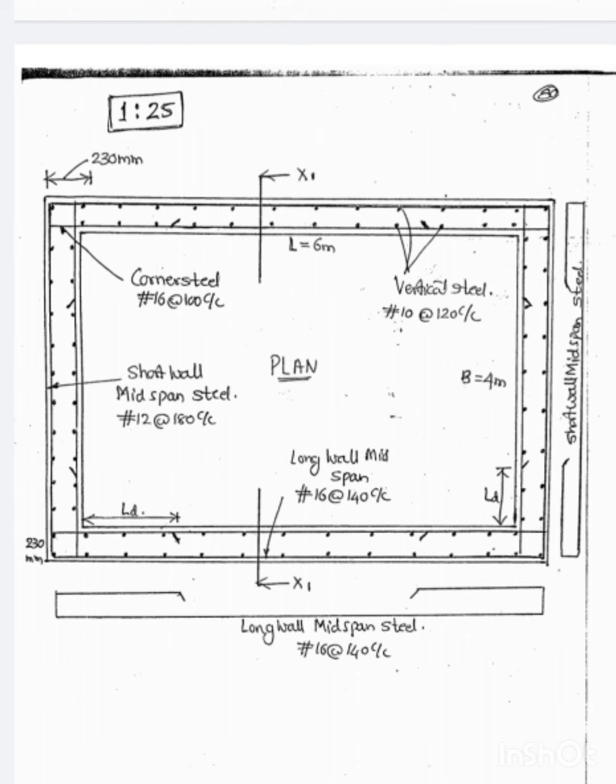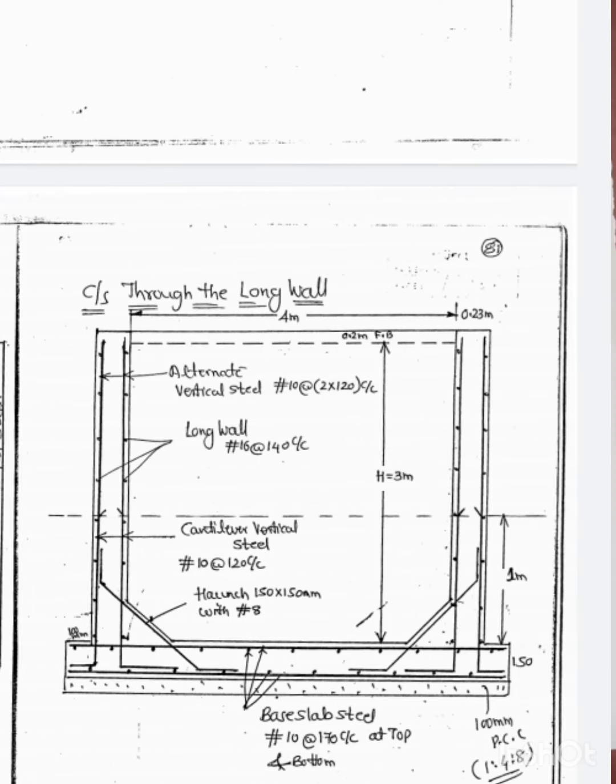The dots are horizontal steel, and similarly for short wall we need to provide. Now if we see the cross section through long wall, you can just have a look over it. In this way you need to provide the reinforcement. Similarly, you can show the cross section through short wall. So these three figures need to be detailed by you.